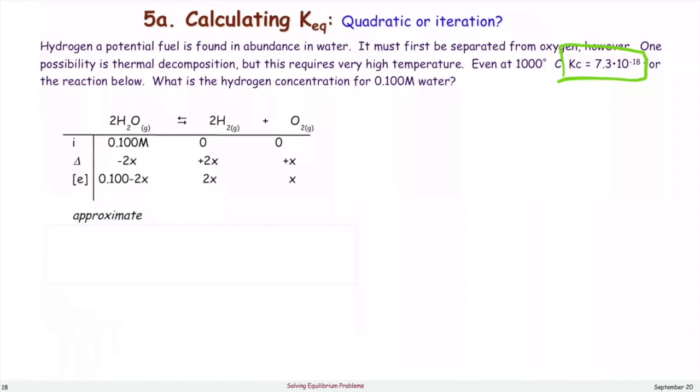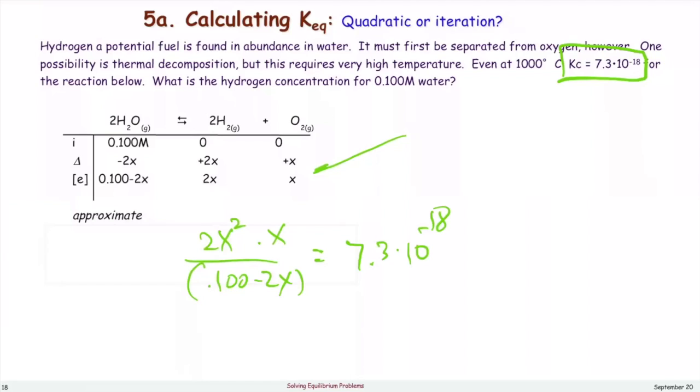So we can set up the mass action expression: (2x)^2 times x all over 0.100 minus 2x equals 7.3 times 10 to the minus 18. You do a simplifying assumption: the denominator here is approximately 0.1. You multiply this by 0.100 because that's the denominator. Now this is going to be 4x cubed. So you just solve this problem right here.